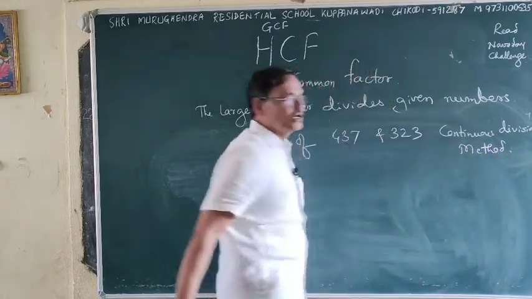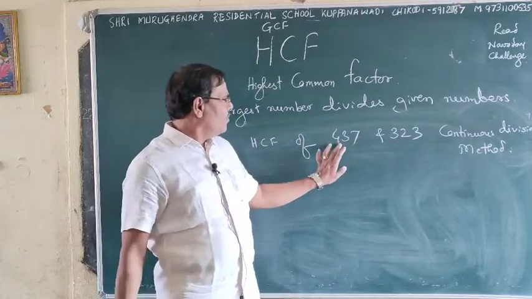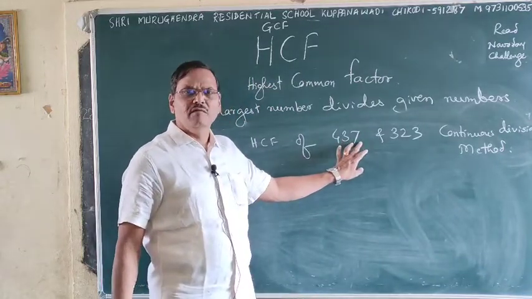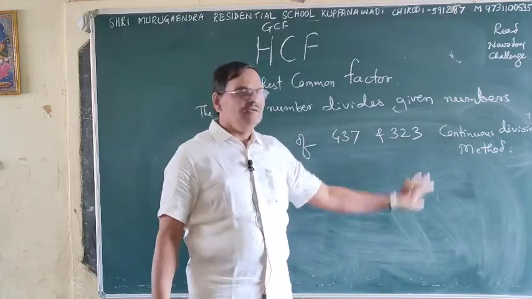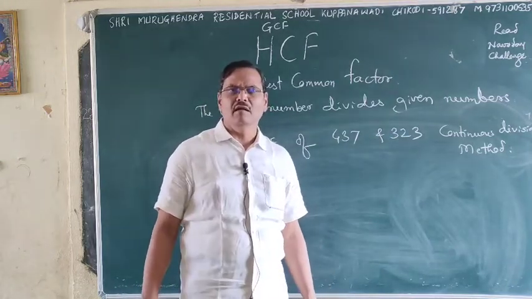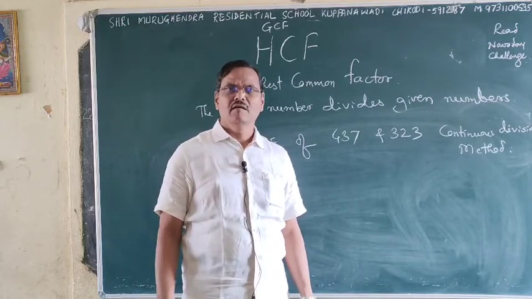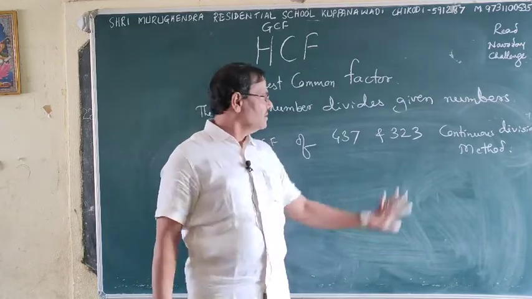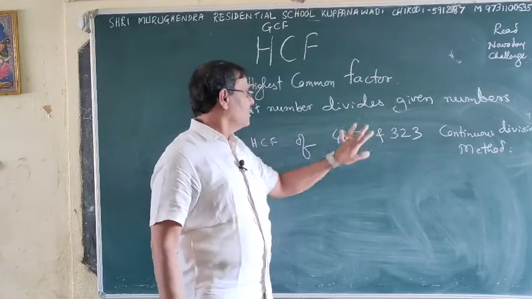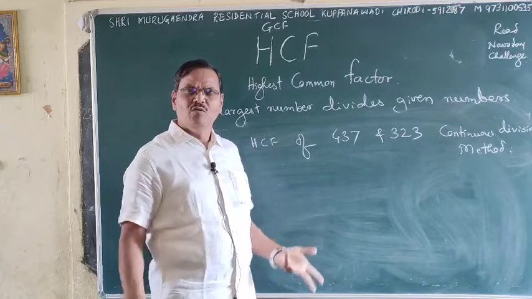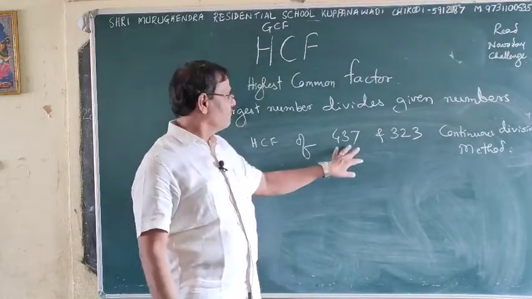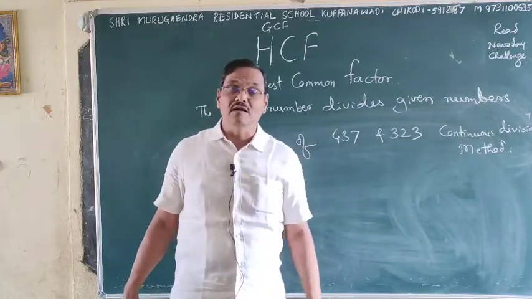Which method? Continuous division. See, 437 is 4, 3, 7, and 323 is 3, 2, 3. 14 and 8, in which table are they? It is not in the table of 3. Then how can you decide from which number it is divisible?